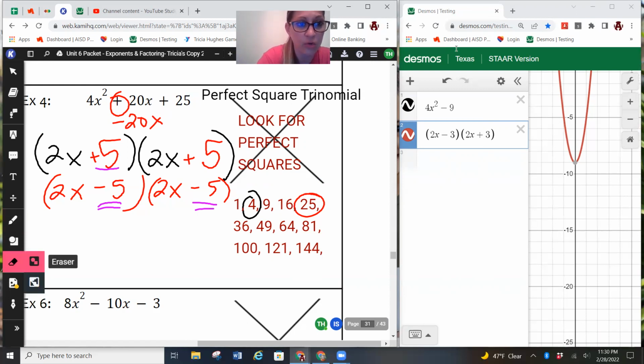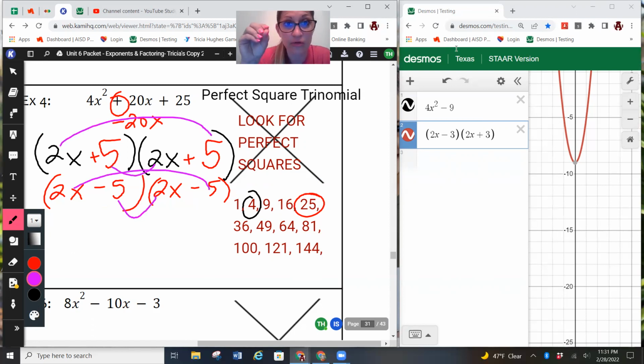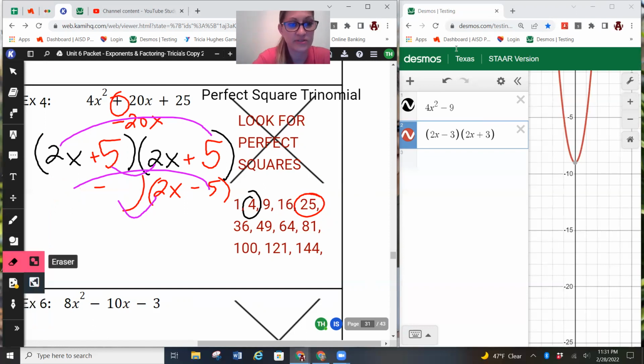Remember, our goal is to get the middle term. And remember, the middle term is the outer times the inner. The outer and the inner multiplied, then we add like terms. Not the outer times the inner, but the outer times the outer and the inner times the inner, add like terms. All right, let me erase the one that doesn't apply to this problem.